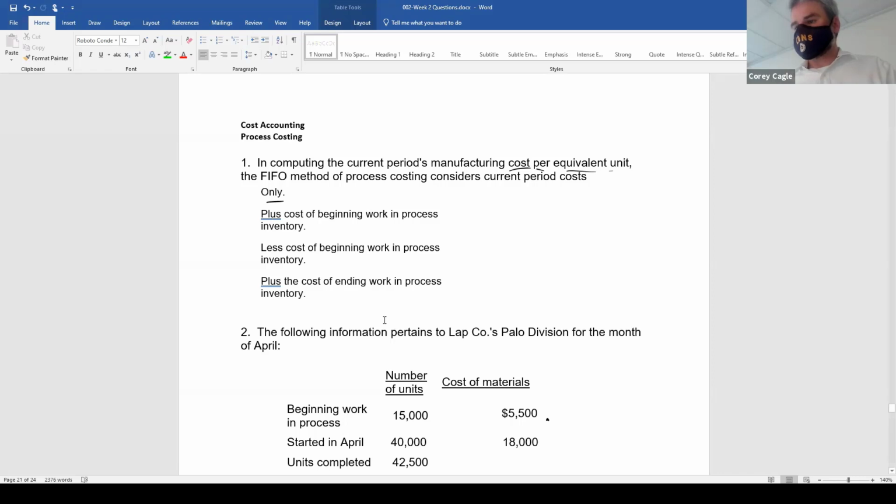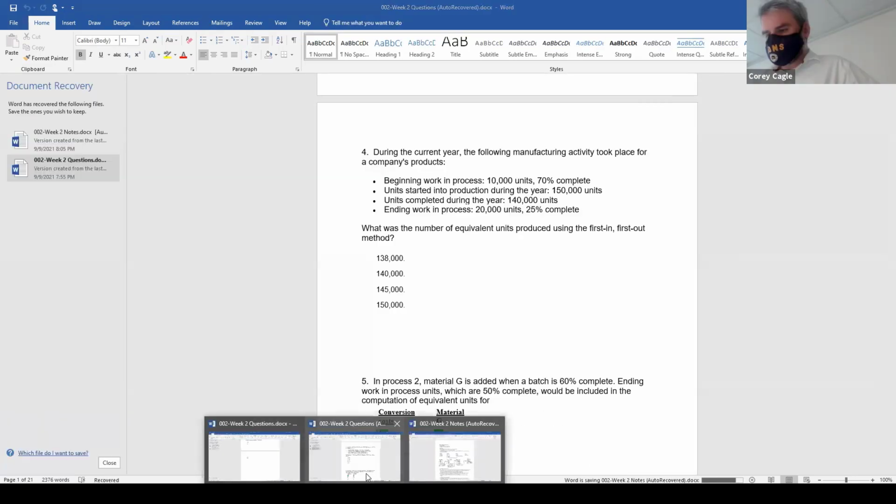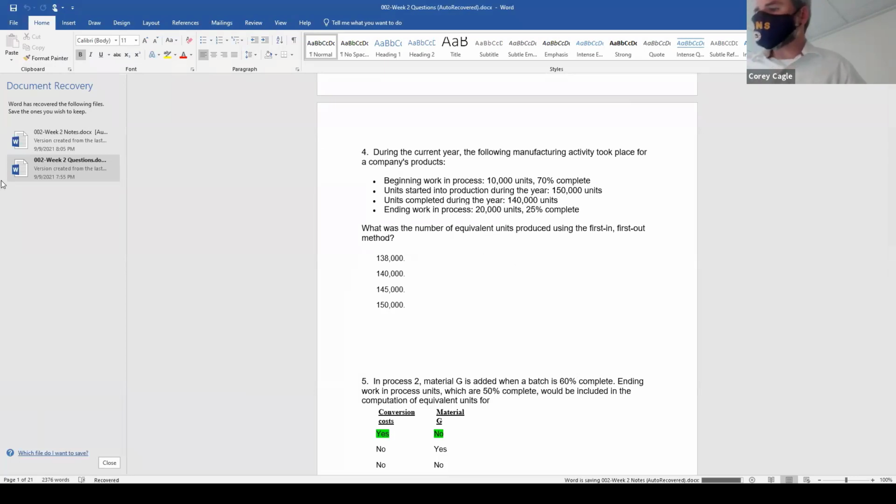Right? We don't take current period costs and add it with beginning work in process cost. We don't subtract it, and we don't do any of this nonsense. So just current period cost only.